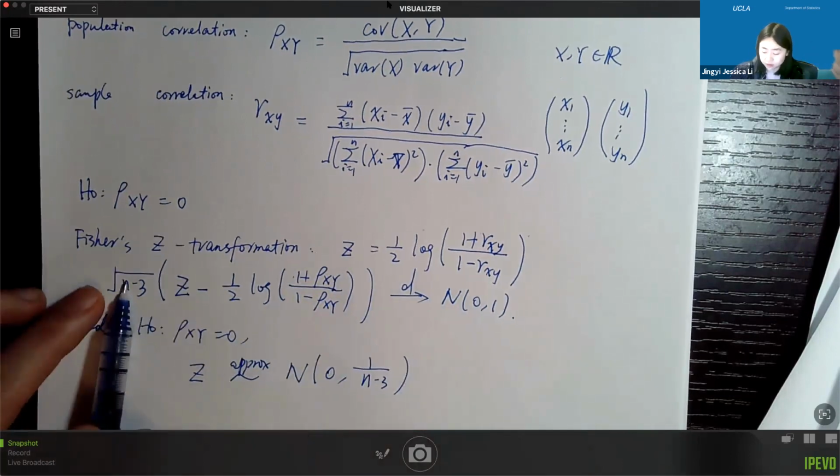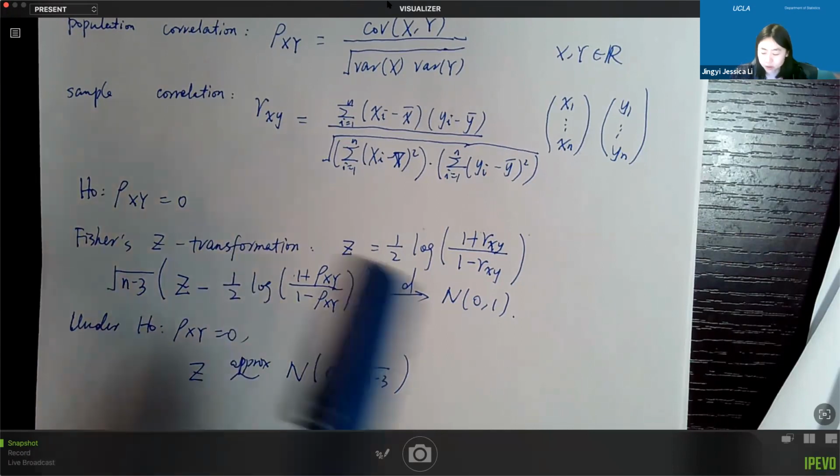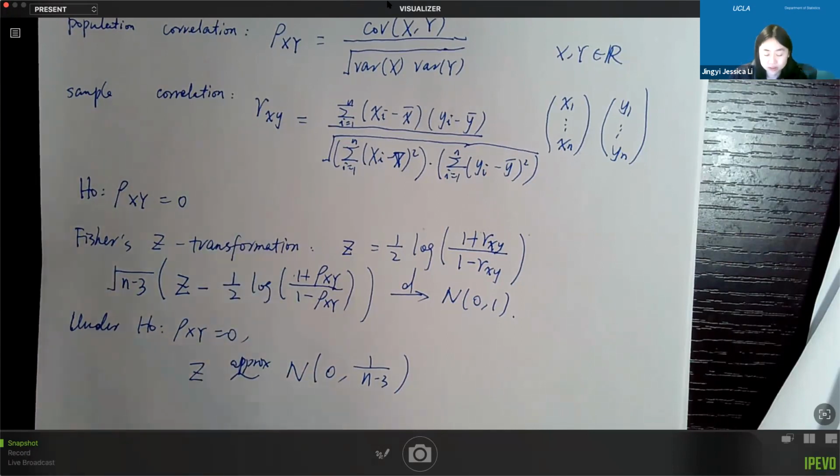This allows a very simple, quick test for whether correlation is 0 or not. It's very useful to know, especially if you want to test whether two variables are associated. This is just for the marginal correlation, and we can have similar results for the partial correlation.